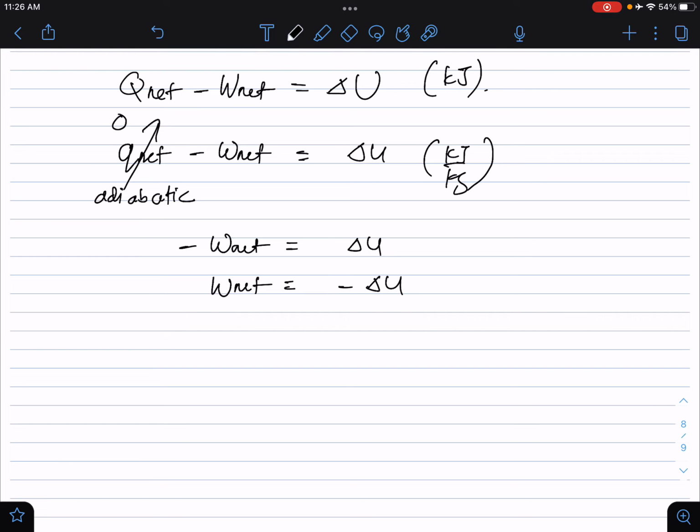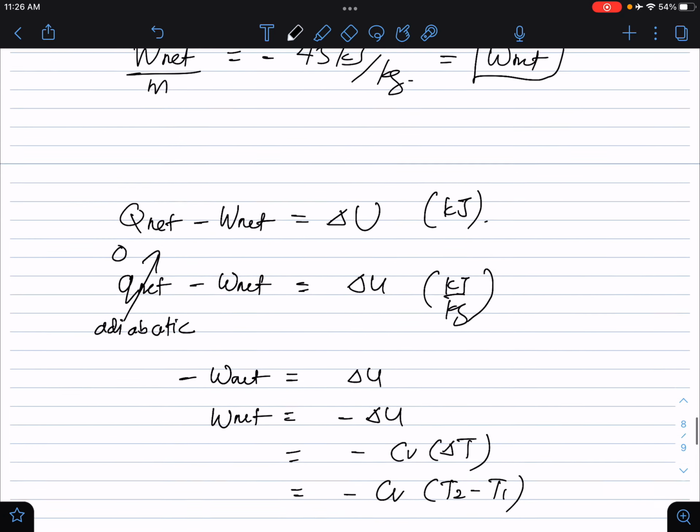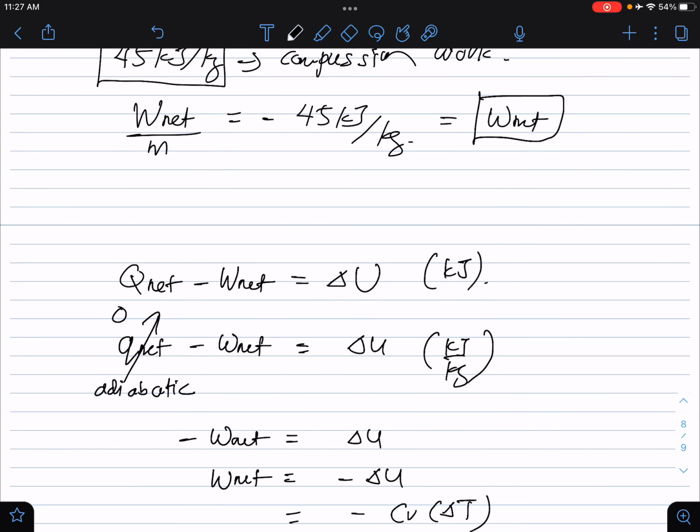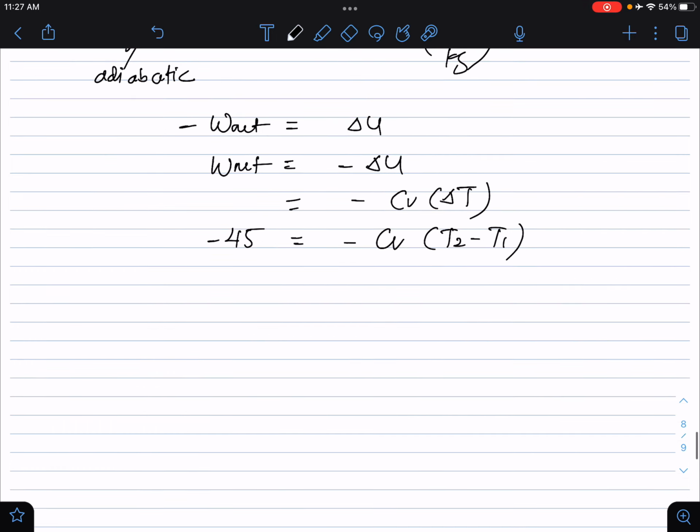Then you can put into the equation, expand delta u as negative Cv delta T, which is equivalent to negative Cv (T2 minus T1). And then you can put the work net value here, which is negative 45. Negative 45 kilojoule per kilogram equal to Cv (T2 minus T1).